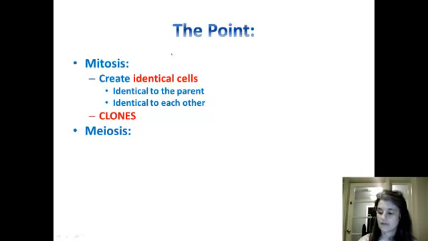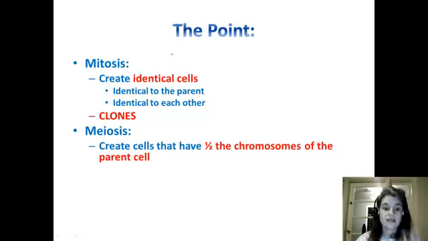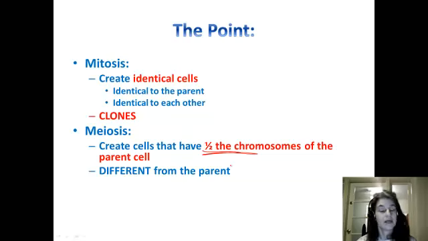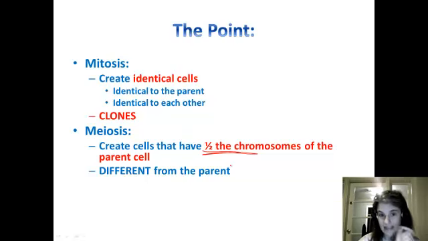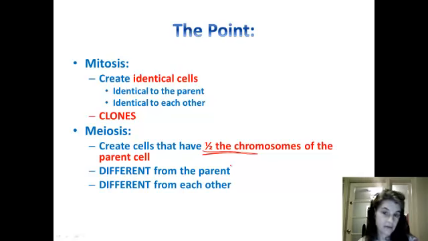Meiosis, completely different. The goal inherently is to create cells that have half the chromosome number of the parent cell, half the genes. That by definition is not identical. You have half the genetic information that your parent had, and as importantly, you may not have exactly the same genes in you as another cell, your sibling cell created by meiosis, may have.